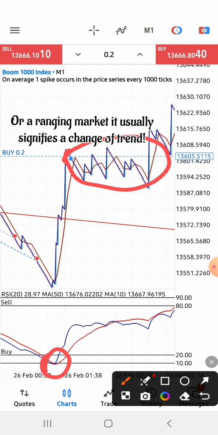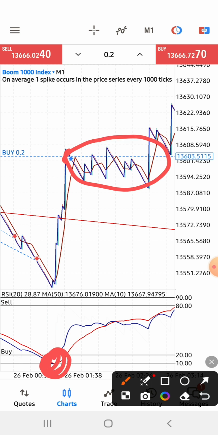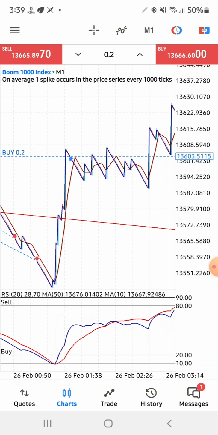Don't just go in because you see a crossing on your 20 level. You also need to make sure you can identify an order block or a line strategy before you go in.